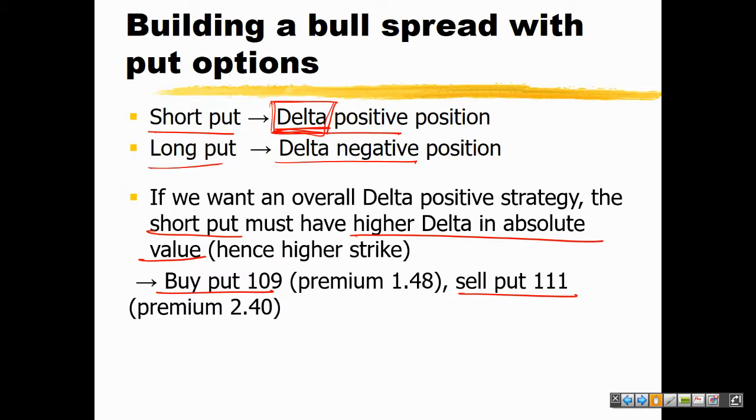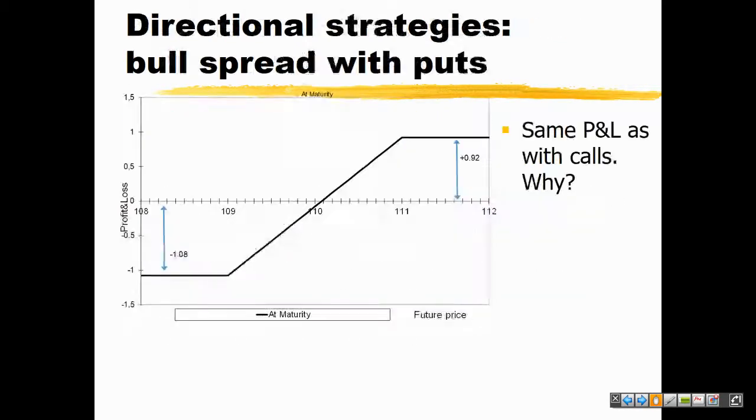As I told you, I would suggest you to go with the exercise of building the P&L at maturity. I'm now directly jumping to what you're going to find in your exercise, which is, if you do that tonight, you're going to discover that you have a maximum loss of 1.08 and a maximum profit of 0.92.